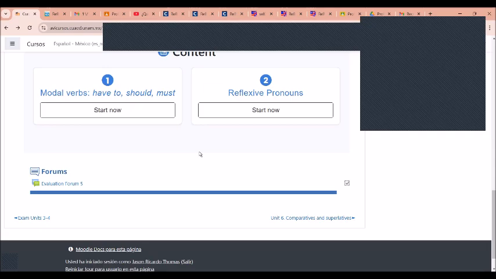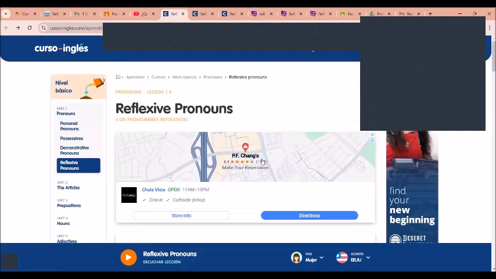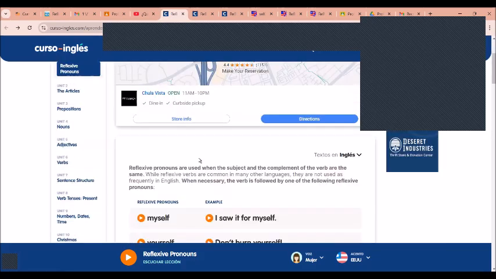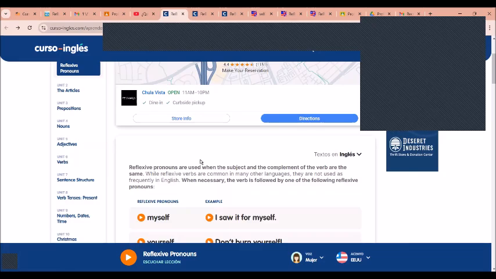Now, in this one, I want you to remember those base pronouns so that you can remember and practice where these pronouns will go. Now, when you think of pronouns, you think of a person, a place, or a thing. The pronoun is replacing those words.